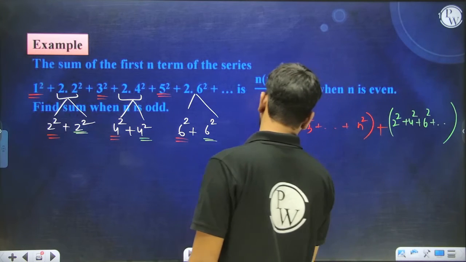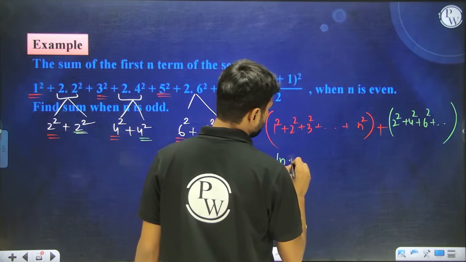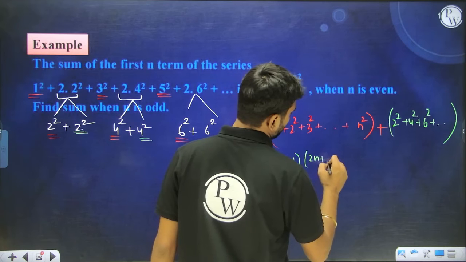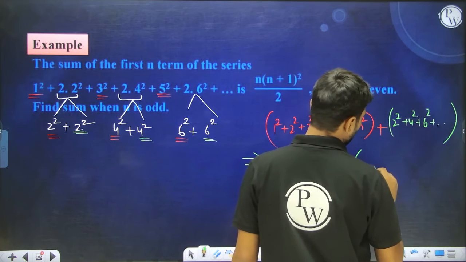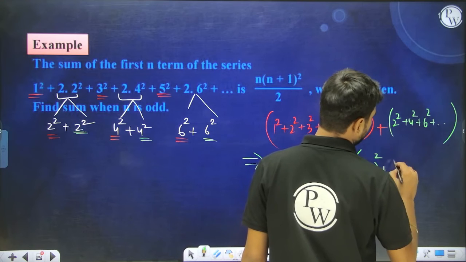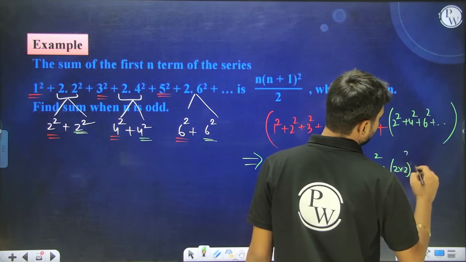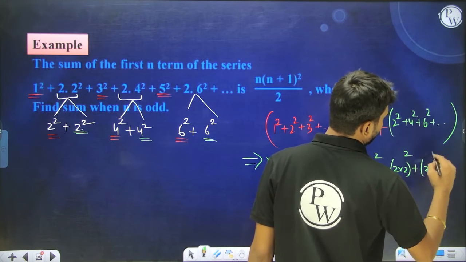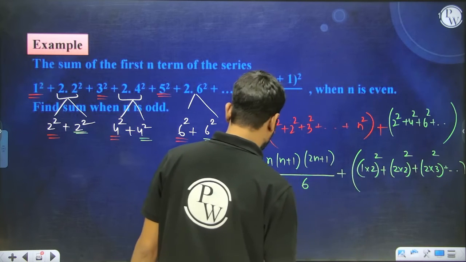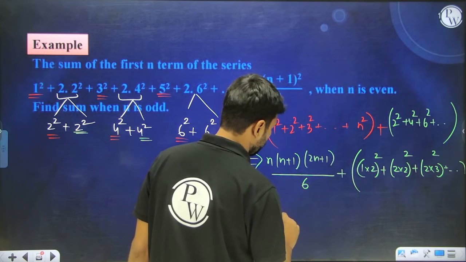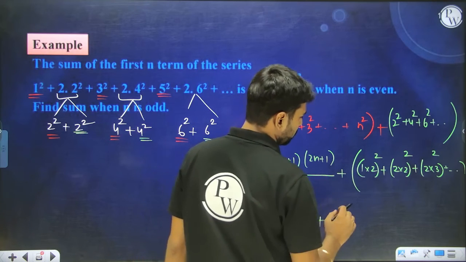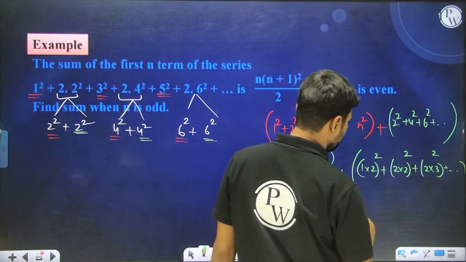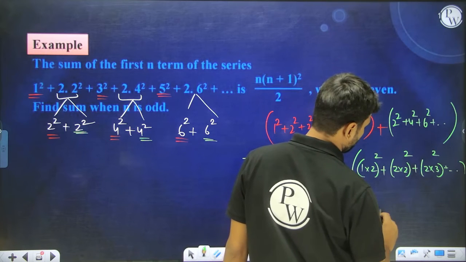Okay, now over here you can write this as n into (n plus 1) into (2n plus 1) by 6, so not an issue. But over here, this can be written as 1 into 2, whole square, this can be written as 2 into 2, whole square, and this can be written as 2 into 3, whole square, and so on. So over here this is n into (n plus 1) into (2n plus 1) by 6 plus 2 square times (1 square plus 2 square plus 3 square and so on).